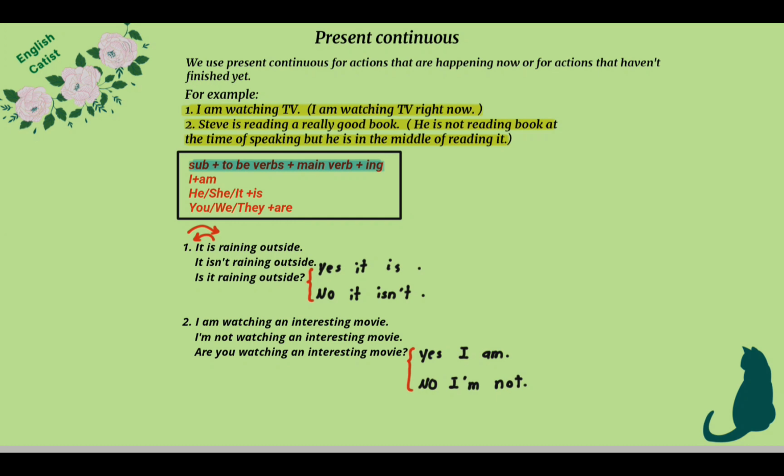Be careful about question form because if our subject is I, someone else has to ask the question from me. Because of that, for question form, we use you for subject.